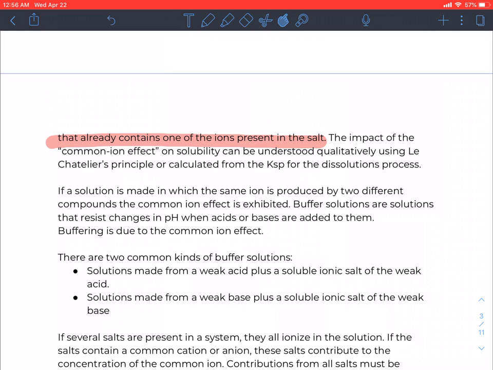If a solution is made in which the same ion is produced by two different compounds, the common ion effect is exhibited. Buffer solutions are solutions that resist change in pH when acids or bases are added to them. Buffering is due to the common ion effect. Now, luckily for you guys, you won't have to do these crazy calculations for acids and bases, but keep in mind you might hear that word buffering or common ion come up.